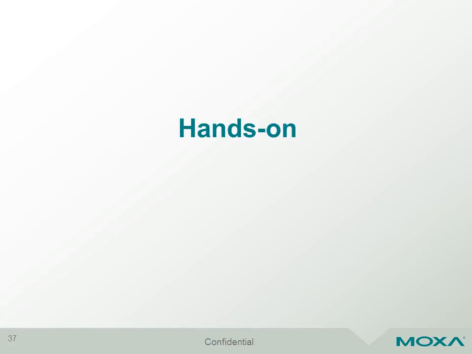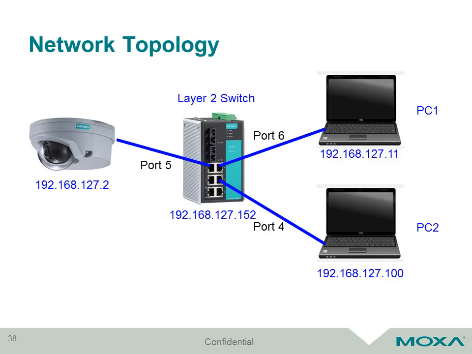Now let's move on to the hands-on section. Here is the network topology. Basically, we are going to enable the IGMP snooping function on this layer 2 switch and use those two PCs as hosts to view the image.